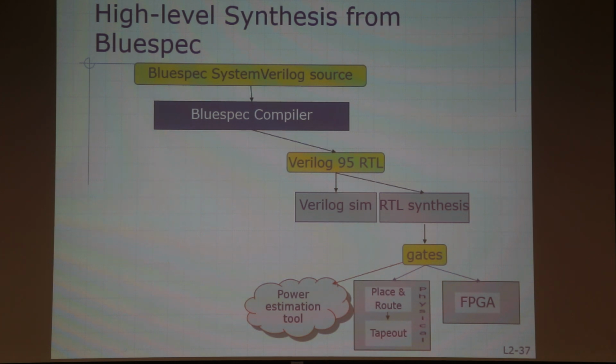Finally, so what is the Bluespec compiler? The BSV compiler generates Verilog 95 RTL as its output. We could have directly generated registers and gates, but there is a very pragmatic reason for sticking to a known interface like Verilog 95, because all the commercial tools work at that level.